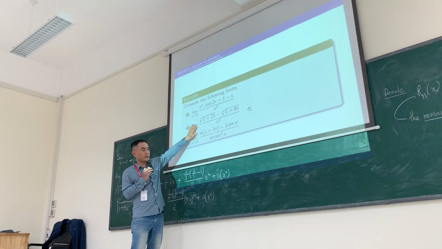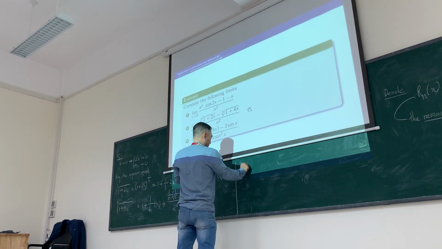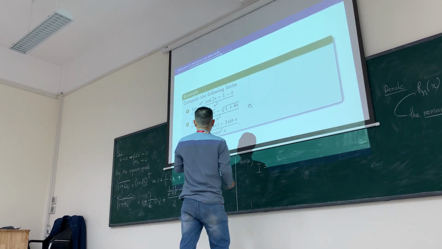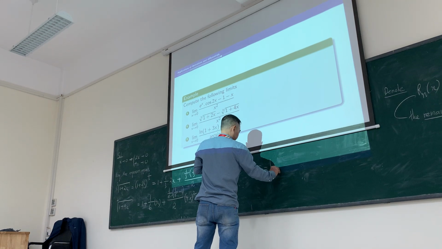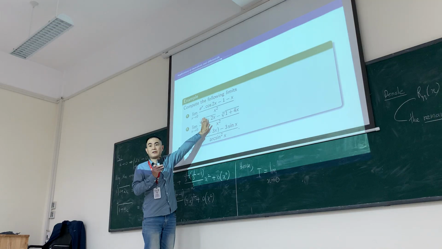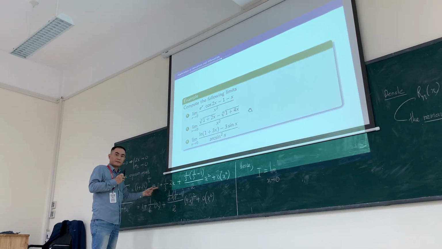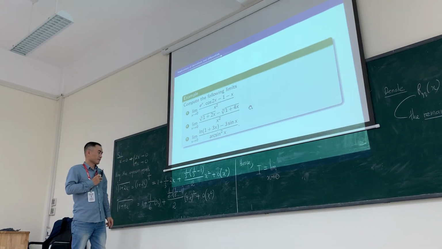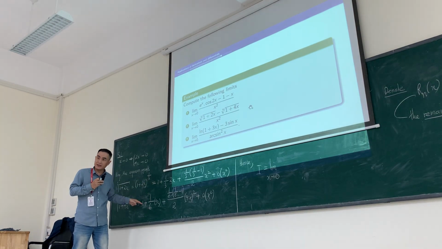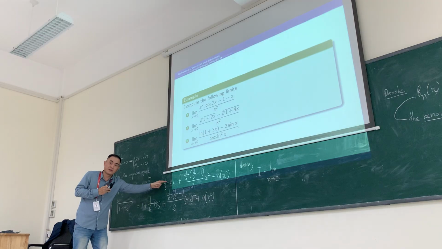The limit is equal to the limit as x tends to 0 of the numerator, where we can do this with 2n over 3.